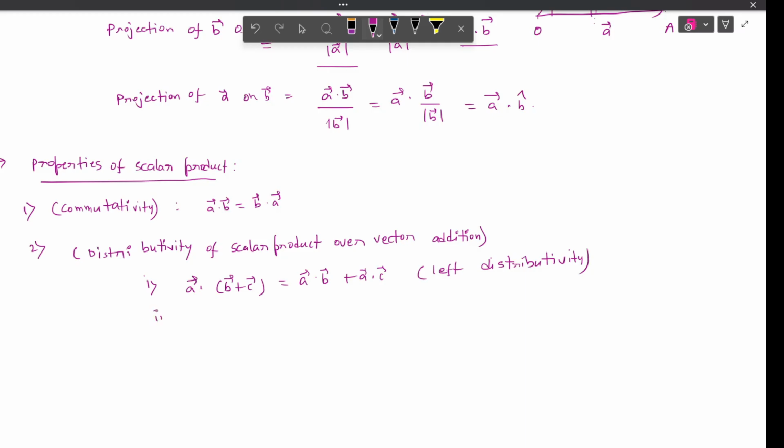And if we say B plus C vector dot A vector, that is B dot A plus C dot A. A is on the right hand side, so this is right distributivity.